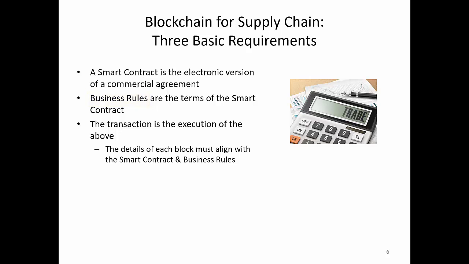We have a smart contract, we have business rules that again are the terms or the clauses of the smart contract. Thirdly, the transaction is the execution of both the smart contract and the business rules. The fact that the smart contract and the corresponding business rules reside on the blockchain is a very helpful component, very important to point out here.